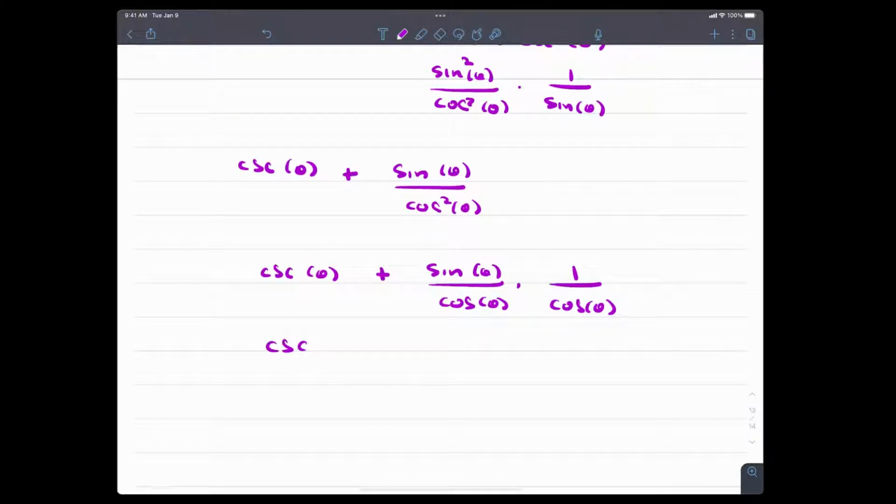Okay, because you get cosecant theta plus tangent theta secant theta, or secant theta tangent theta.